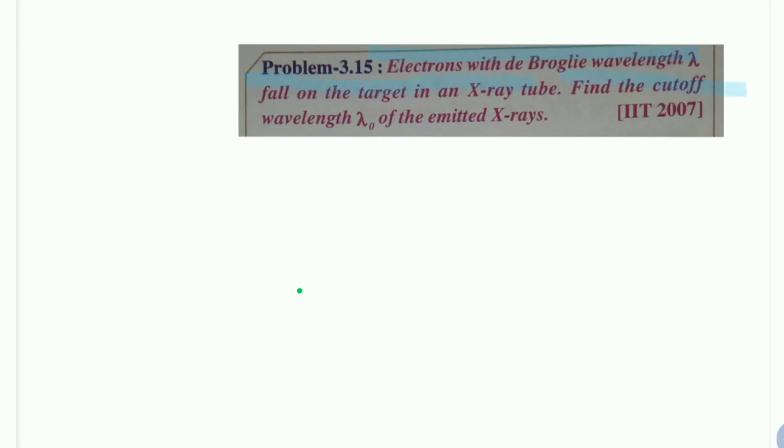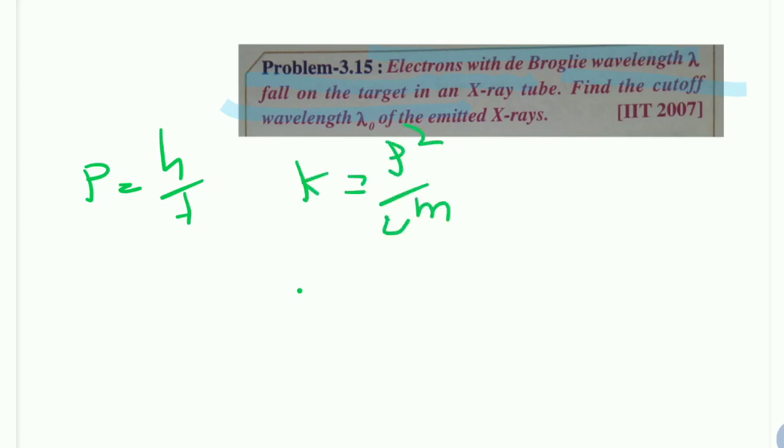An electron with de Broglie wavelength lambda falls on the target of an X-ray tube. Find the cutoff wavelength lambda naught of the emitted X-rays. If lambda is the de Broglie wavelength, the momentum p is equal to h by lambda. The kinetic energy of the striking electron K is equal to p square by 2m, which is h square by 2m lambda square.